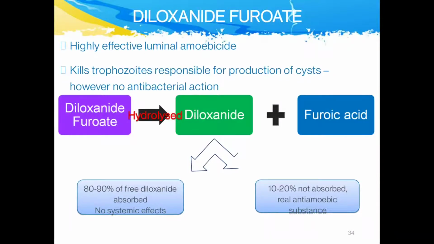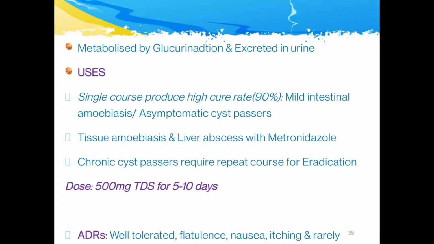So it is divided into two parts: 80 to 90% of free diloxanide is absorbed, with no systemic effect, and 10 to 20% is not absorbed and acts as the real anti-amoebic surface. Metabolized by glucuronidation and excreted in urine.